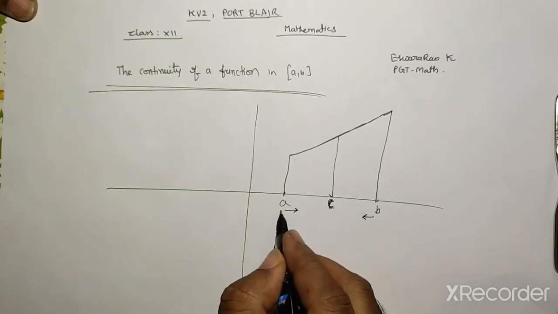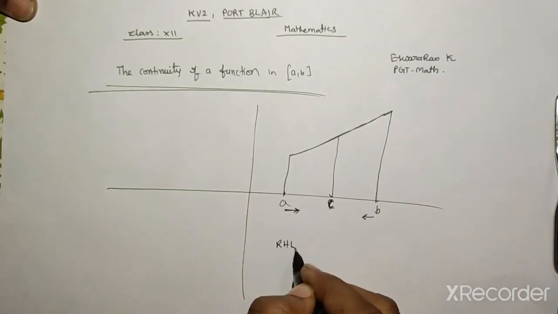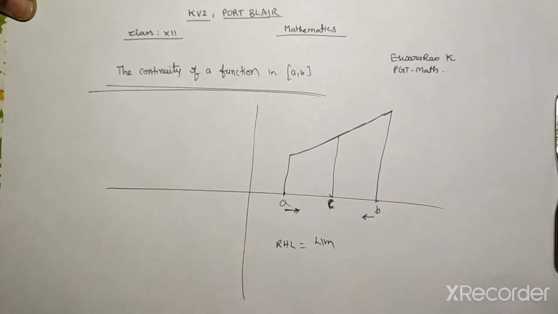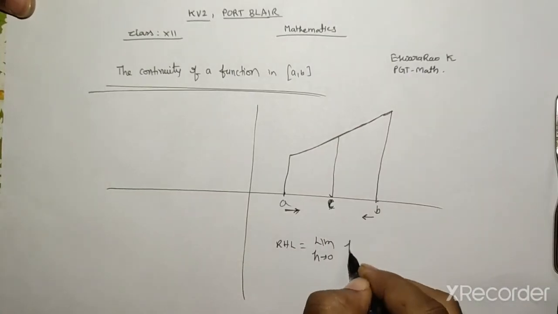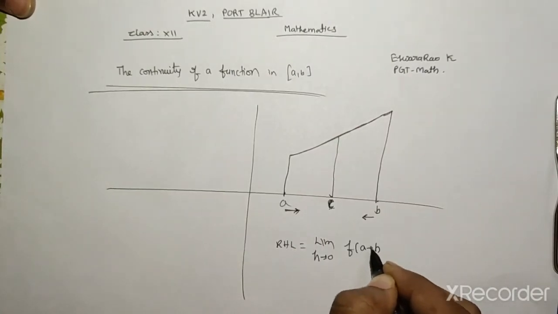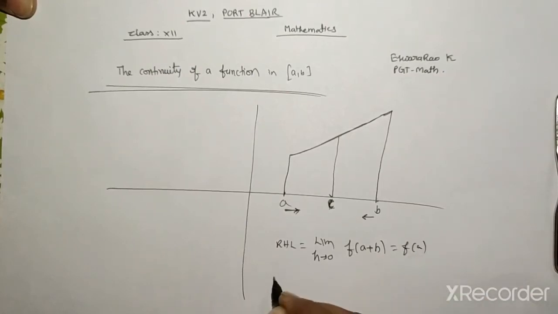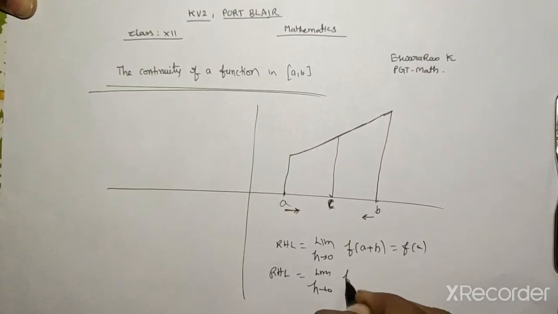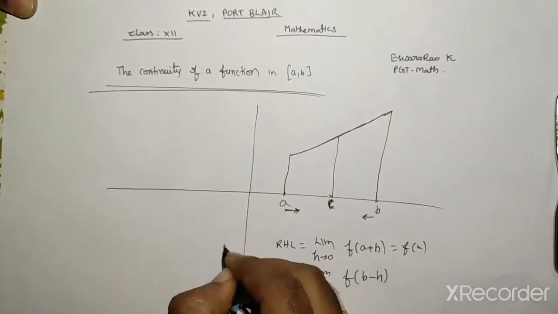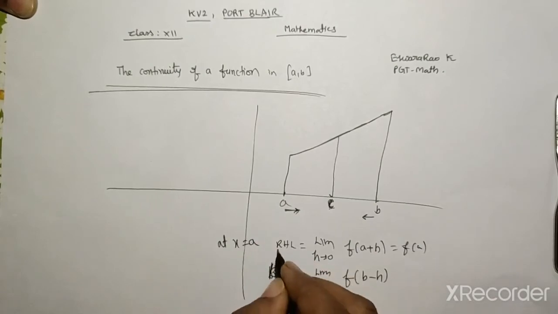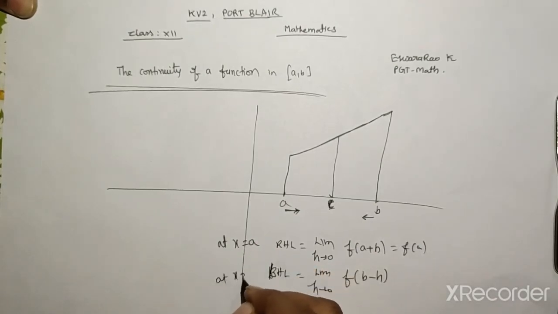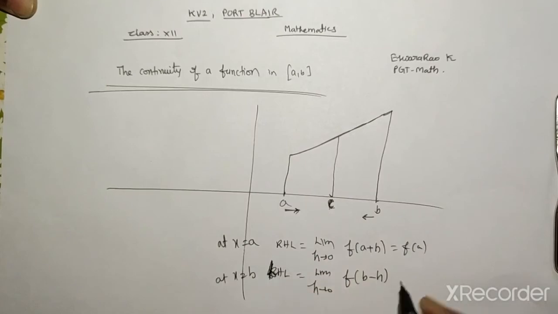That means the right hand limit at A, limit h tends to 0, f of a plus h is equal to f of a. And at x is equal to b the left hand limit, limit h tends to 0, f of b minus h is equal to f of b.